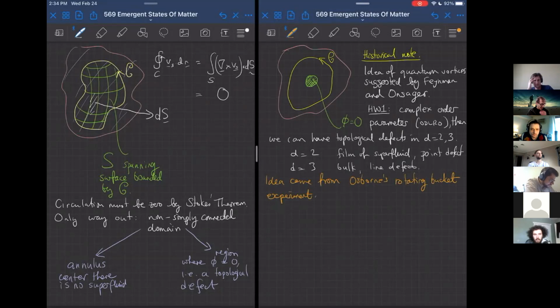Let's suppose I have a perfectly inviscid fluid where curl V is equal to 0. Then what you would expect is, if I take a bucket and start to rotate it, there's no friction, so the fluid will not be rotating with the walls of the bucket.